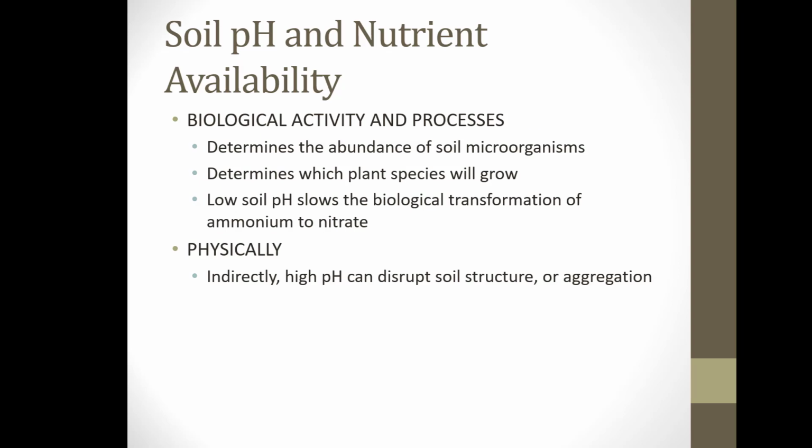Soil pH and nutrient availability, biological activity and processes determine the abundance of soil organisms and which plant species will grow. Low soil pH slows the biological transformation of ammonium to nitrate. Indirectly, high pH can disrupt soil structure or aggregation.